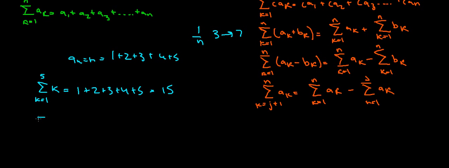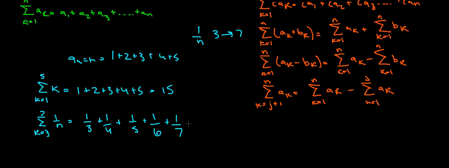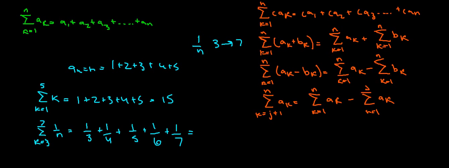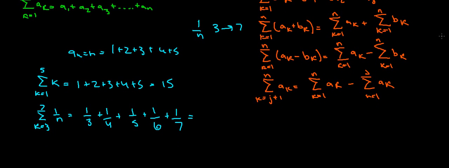I would represent that like this. 7, 3, 1 over n, which would be equal to 1 over 3 plus 1 over 4 plus... and that is equal to something I don't feel like doing. But that's how it would be written.